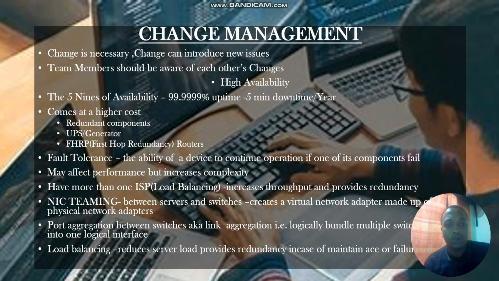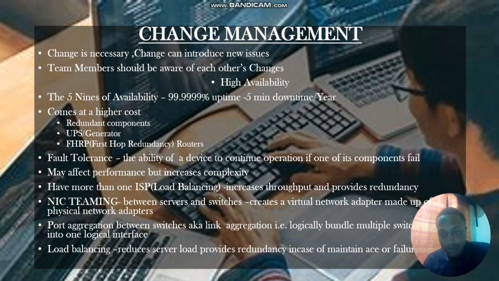But when you're talking about availability, availability comes at a higher cost, and this means that you're going to have redundant components, maybe routers, switches, servers, you name them, UPSs, generators. You need to provide all that so that you are able to provide your availability. Ensure that you deploy first hop redundancy protocol routers in your network so that you can achieve this availability.